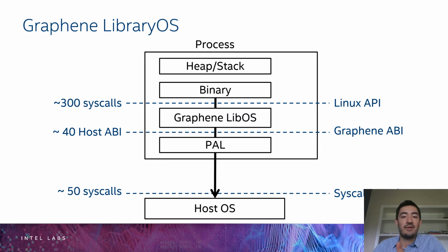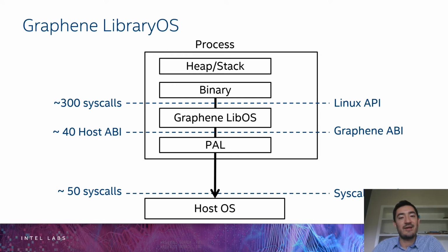And by design, Graphene consists of two layers: the stateful LibraryOS layer that intercepts system call requests from the user application, verifies inputs, processes these requests, verifies outputs, updates the internal state of Graphene, and then gives the results back to the application. And the stateless platform adaptation layer, or PAL for short, which is invoked by the LibOS layer only when the host OS must be involved in request processing.